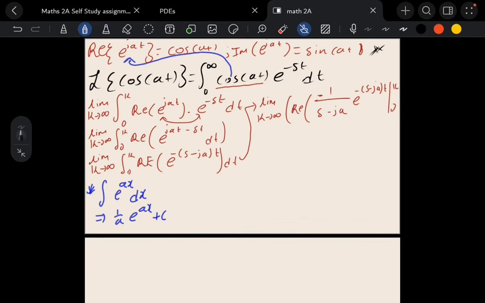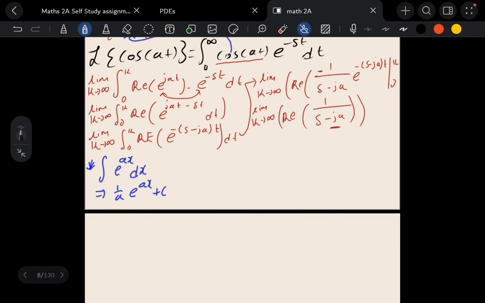Now if you substitute k, you know that this thing is going to be 0, right? So I'm going to have the limit as k approaches infinity of the real part of 1 over (s minus ja). By now you know that you cannot have this j here. So I'm going to multiply by the conjugate of the denominator on the numerator and the denominator. So can I please remove this dt?